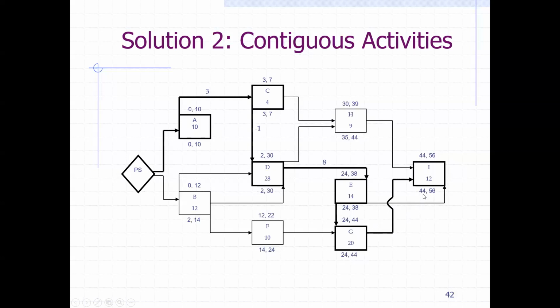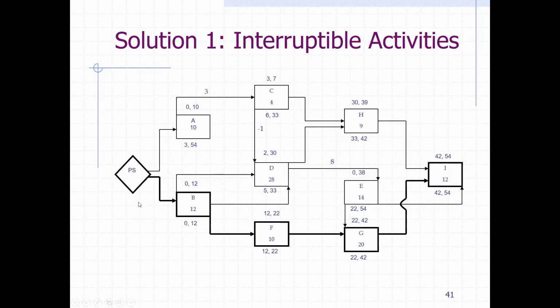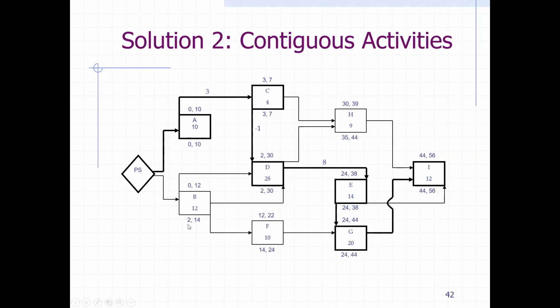That changes actually the CPM of the entire schedule as opposed to the previous one, which was the project start, B, F, G, and I. Here it became project start, A, C, D, E, G, and I because of one activity.